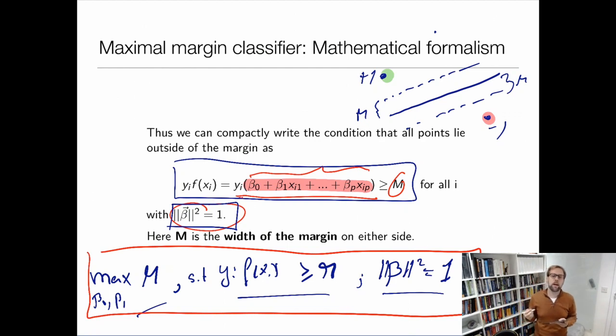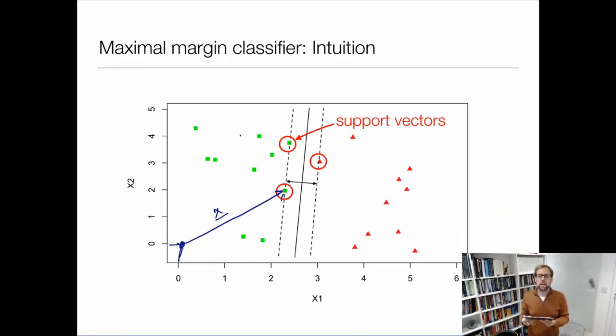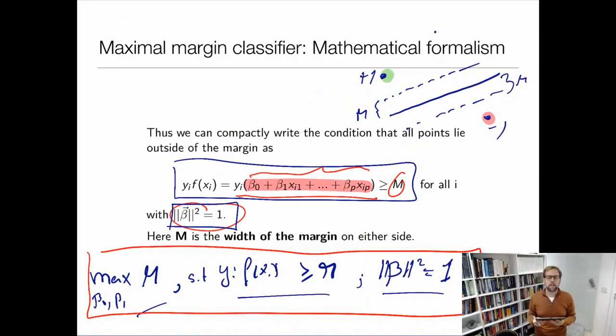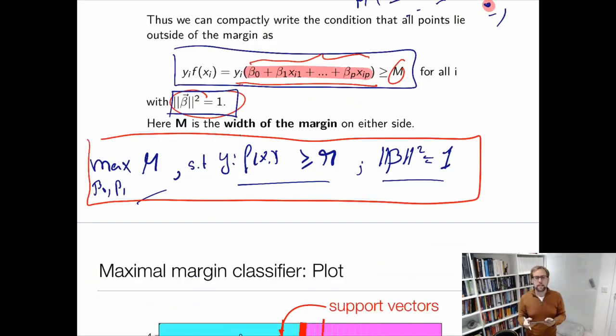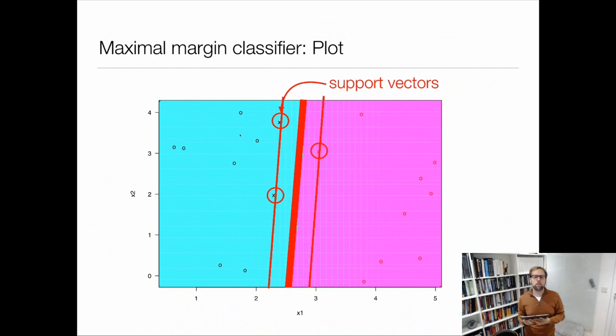So if you wanted to find it with your computer, you would try to find the coefficients beta 0 to beta 1, which define the plane such that the margin is widest. It's a bit like what we were doing here by eye. If we started to rotate the lines, the one which looks widest is exactly the one which optimizes this objective function. And here I have an example of how this would look.